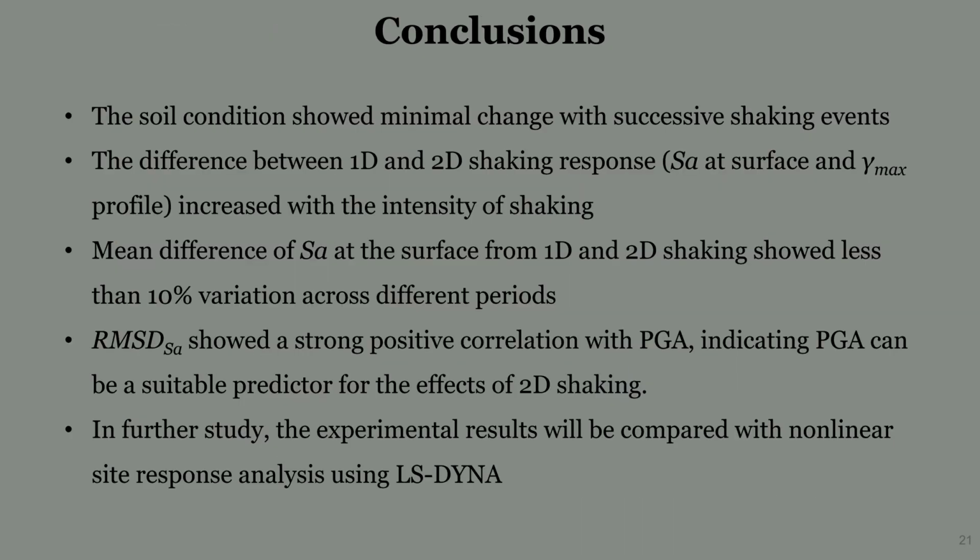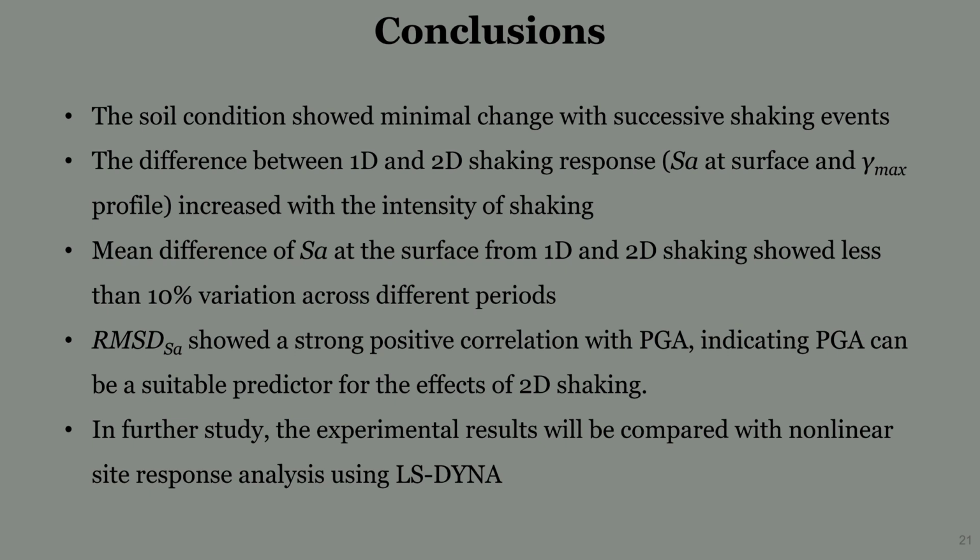In conclusion, the soil showed minimal change with successive shaking events. The difference between 1D and 2D shaking was related to the intensity of the shaking. The mean difference of spectral acceleration at the surface from 1D and 2D shaking showed less than 10% variation across different periods.